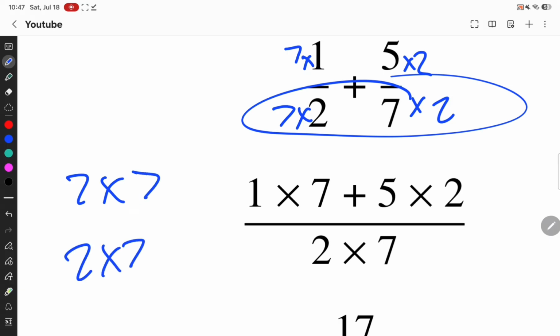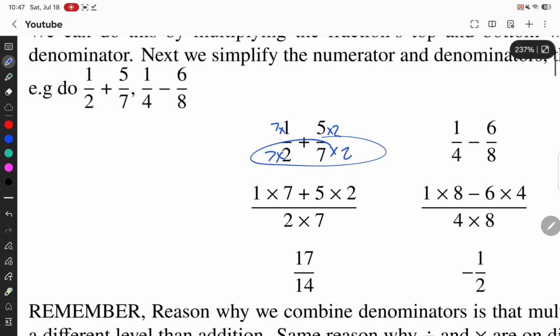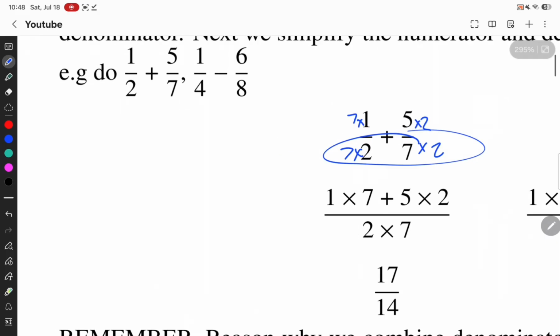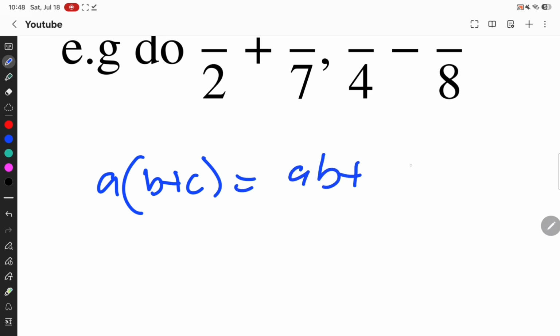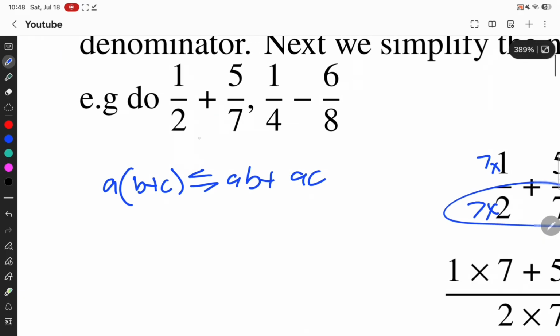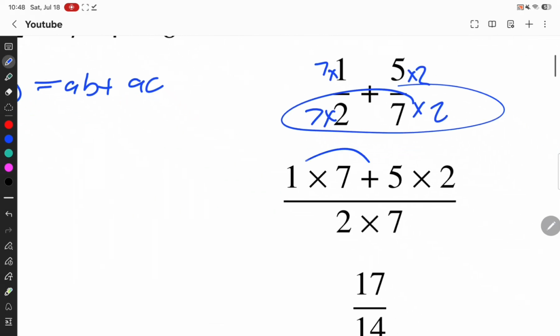Remember, commutative property. So you can just group them together technically. Remember multiplication over addition, and you can do the reverse as well, vice versa. We just went in reverse, like here.